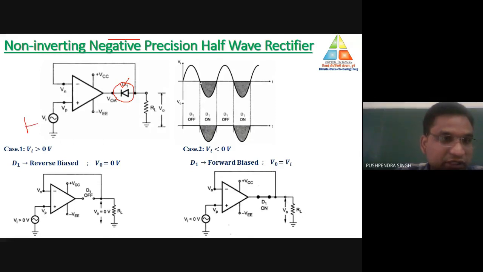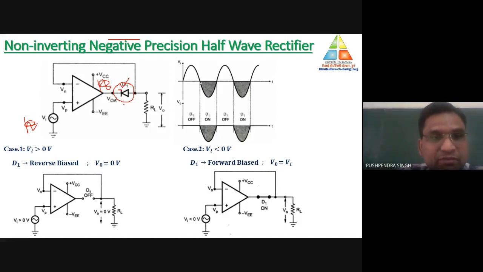For this sinusoidal waveform, as I told you, in the case of a non-inverting operational amplifier, we get the same output voltage at the output terminal. Then for the positive half of the signal, the negative terminal of the diode is connected. So the level of the signal is positive, but the terminal of the diode is negative.